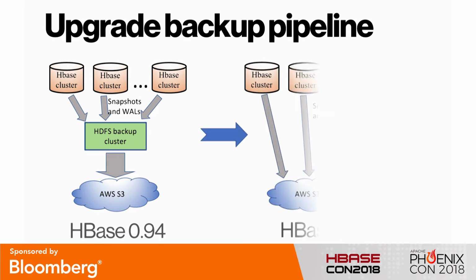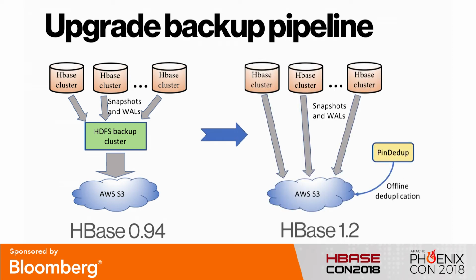Taking this opportunity, we optimized our backup pipeline by removing the HDFS backup cluster from the backup path. In addition, as you may notice, we also created a tool, which we call pindedup, which asynchronously deduplicates redundant S3 snapshot data to reduce the S3 capacity usage. And we will talk about that later.